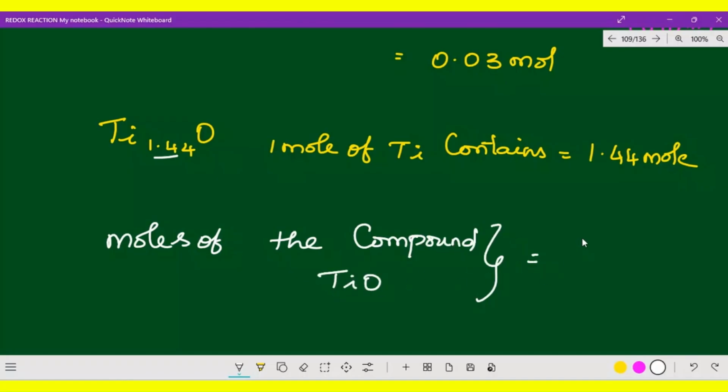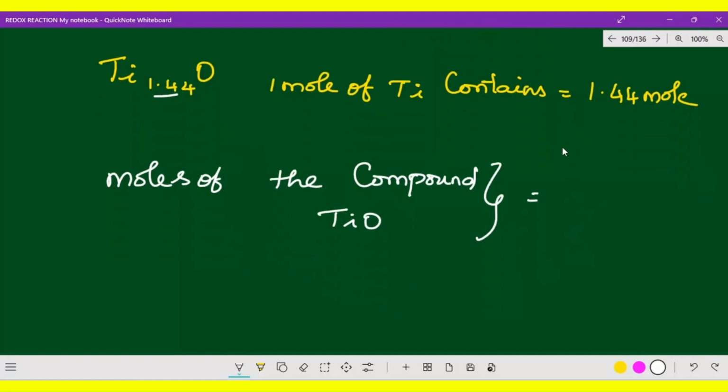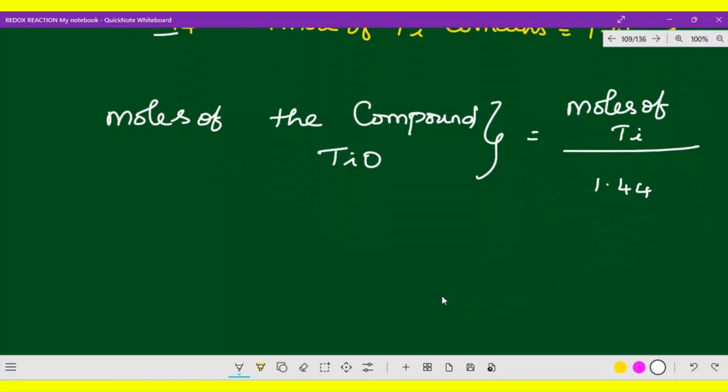Now the moles of the compound is the moles of titanium divided by 1.44. Just now we found the moles of titanium, given mass by molecular mass, which is 0.03. Divided by 1.44, what do you get?